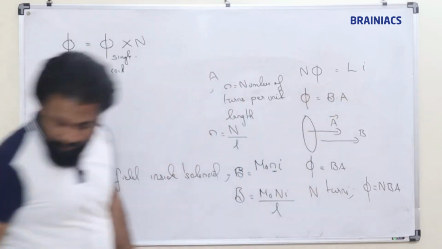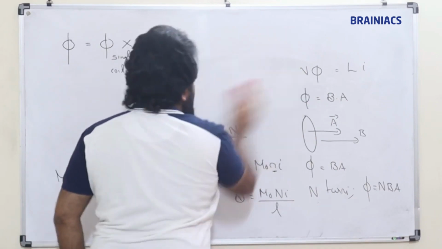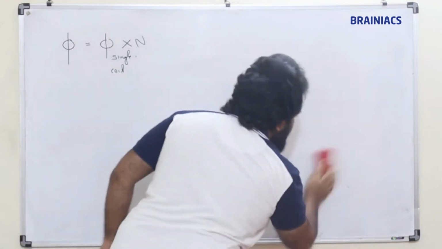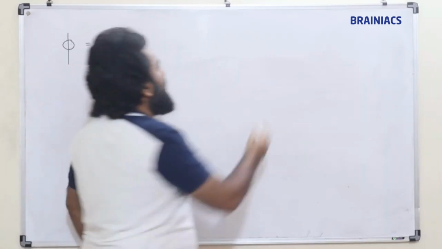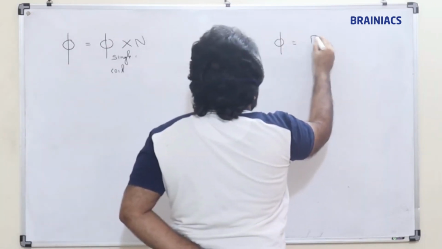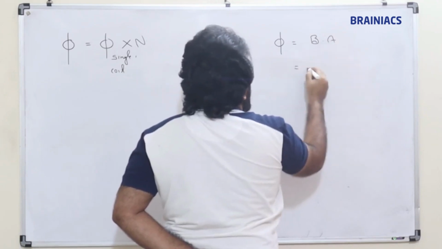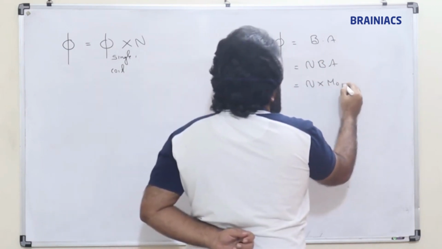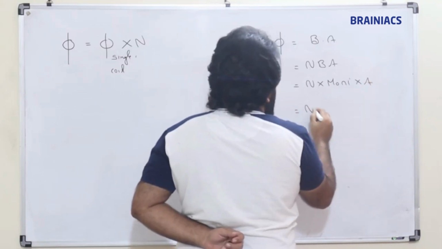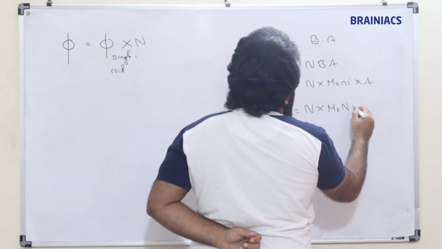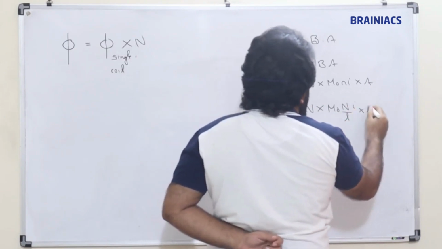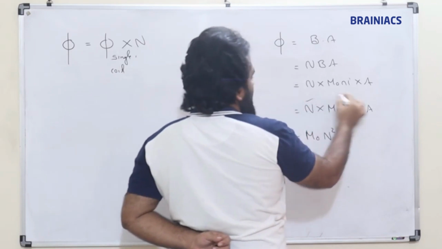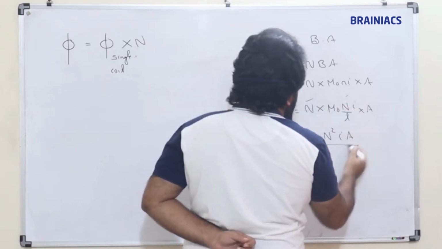Using this, the total flux is B dot A or NBA, which is N into mu 0 N by L into i into A. So this is mu 0 N square i A divided by L.